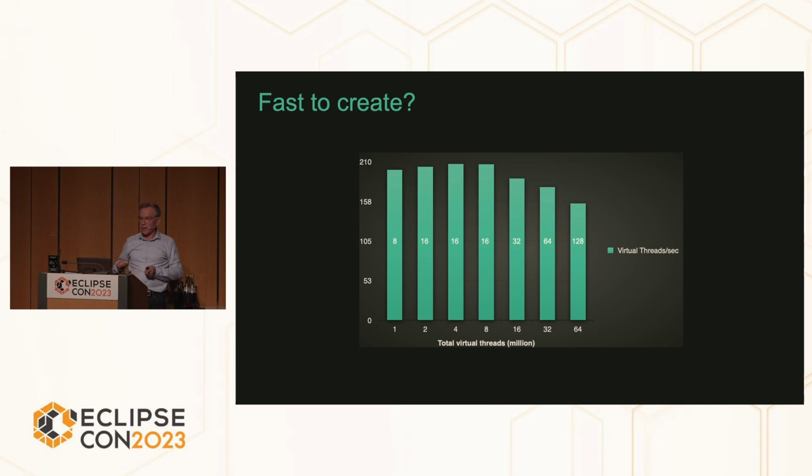I have added on each column the size in gigabytes of the Java heap. Because to achieve such a result, it is important to properly size the Java heap. Again, with platform threads, the limit on my macOS is 4,000.